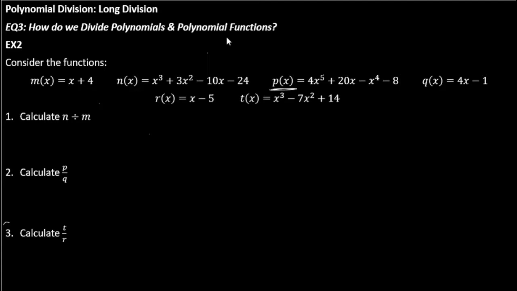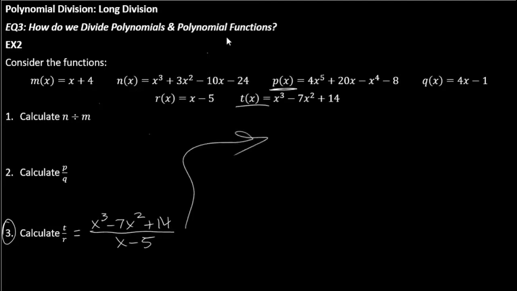Okay, so example 3, t over r. Okay, so that's going to be written as x to the third, so here's t, x to the third minus 7x squared plus 14, all divided by x minus 5. Okay, so let's go ahead and write that out.